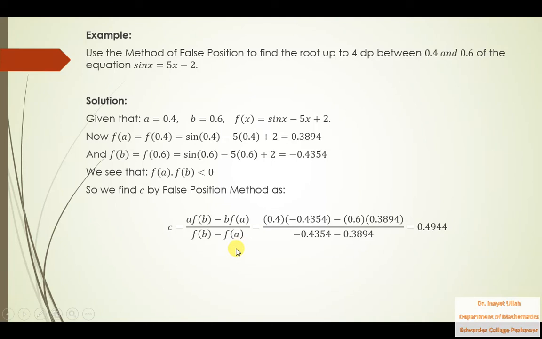That is the same formula which is used in the secant method. Now replacing a by 0.4, f of b by minus 0.4354, b by 0.6, and f of a by this value, we calculate this fraction, and this is 0.4944. This is the value of c.